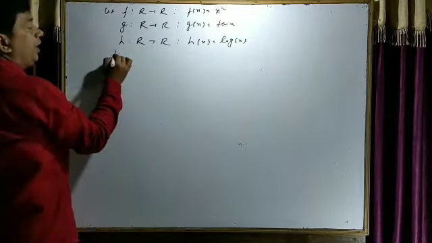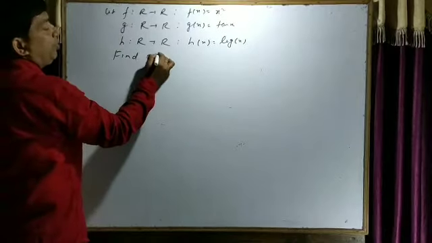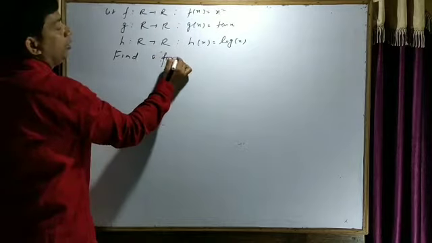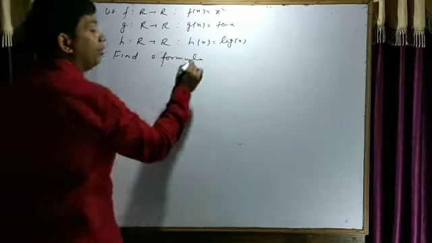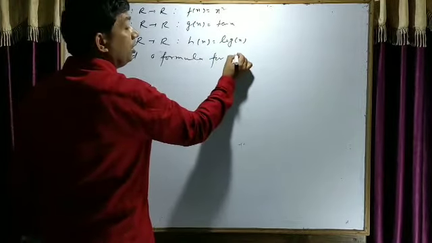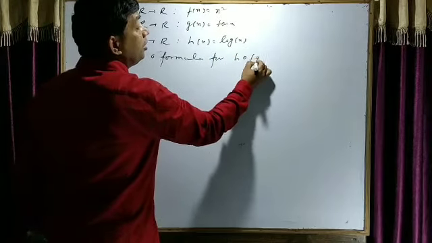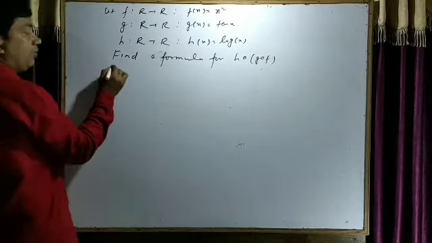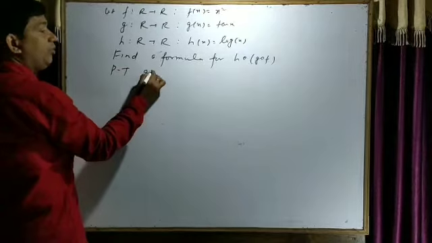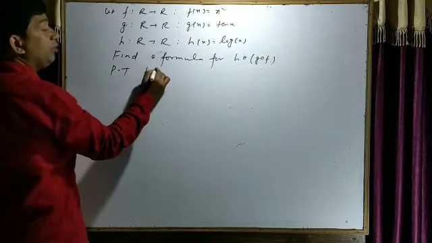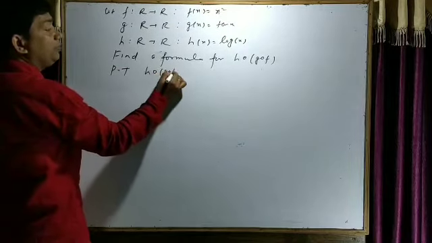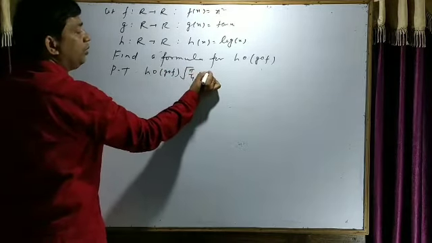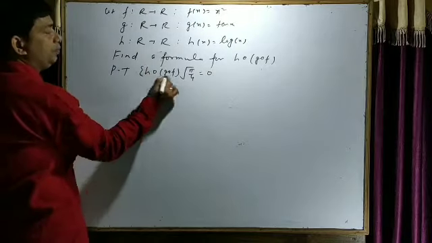Find a formula for h composition g composition f. Also prove that (h ∘ g ∘ f) of root under pi by 4 equals 0. This you have to find.